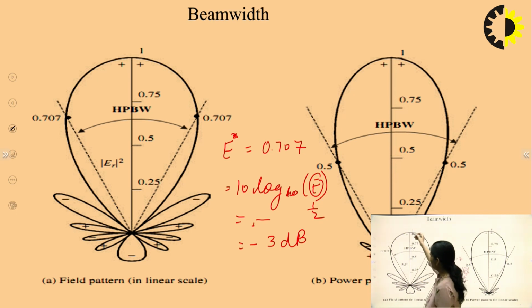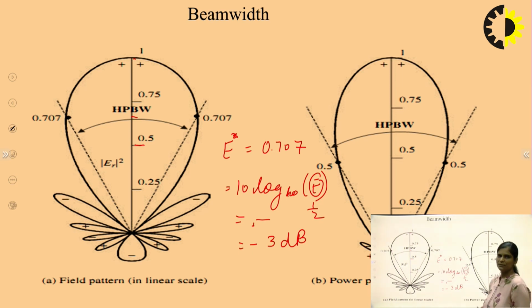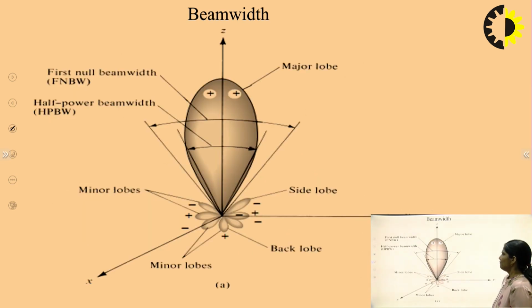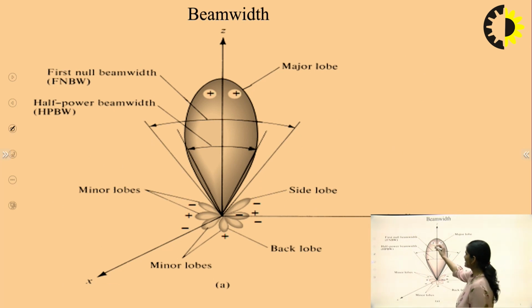Now here you can see the radiation. This is the maximum one. Here is 0.5, so we can calculate according to that. This is 0.707. Now this is the power pattern. If you want to calculate the power pattern in linear scale, this is the radiation pattern. Here you can see this is the maximum radiation.